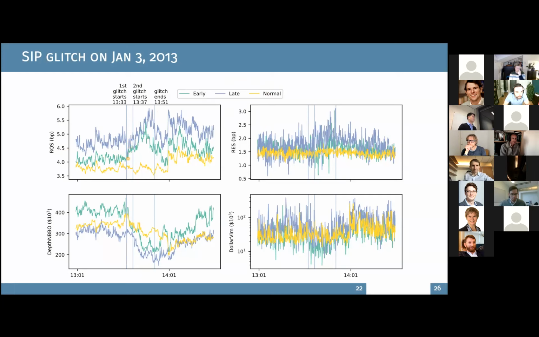So it seems the stocks in the early channels get hit first and they respond to the SIP outage. And you see the effective spread increases, the depth drops, and the volume also drops.